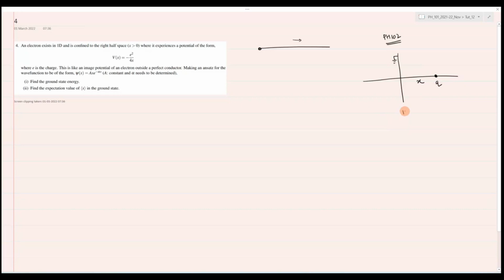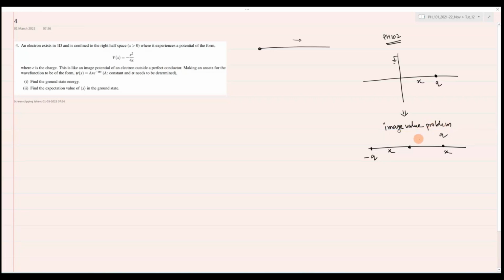What you can do is, this configuration is equivalent to this: you put the charge at x and you put the image charge at x distance away on the other side with a negative sign. This conductor you can replace with this configuration. This is called the image charge problem. You will get this in PH102.